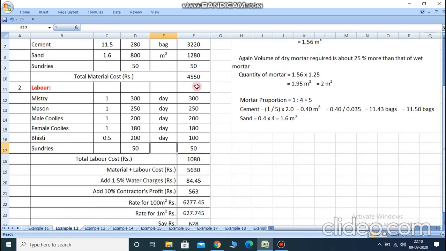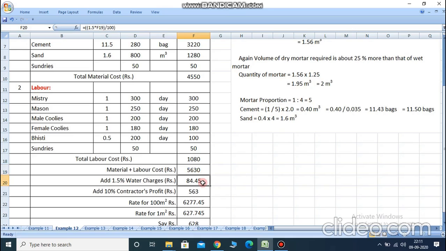Now the summation of material cost plus labor cost. Here material plus labor cost, we got the answer 5630, which is the summation of 4550 plus 1080 rupees. Now we add 1.5% as water charges. So 5630 multiplied by 1.5% as water charges.